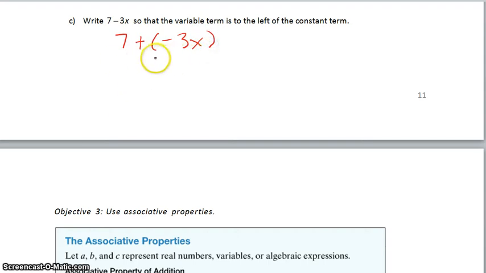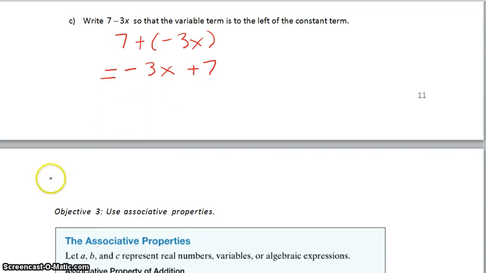Now, using the commutative property of addition, we could change this around. We will write this as negative 3x plus 7. So our final answer here is negative 3x plus 7 after we put the constant at the end of the expression.